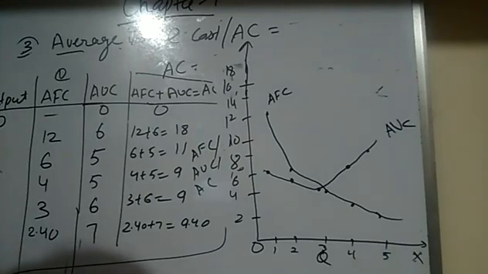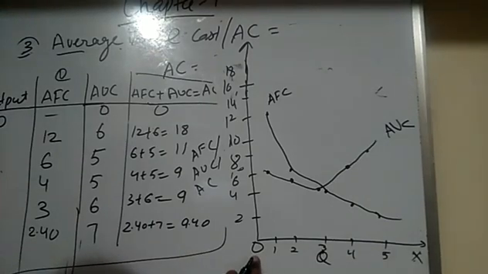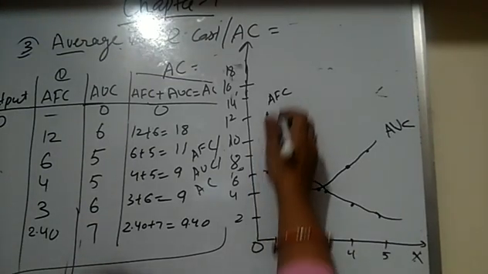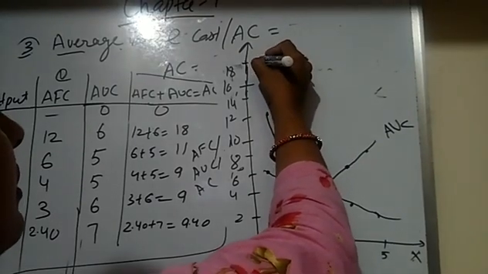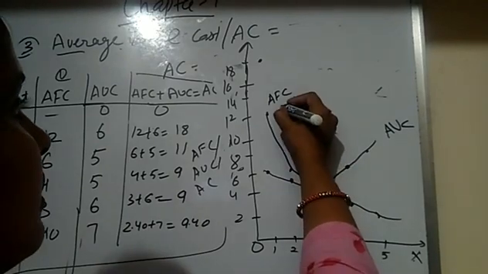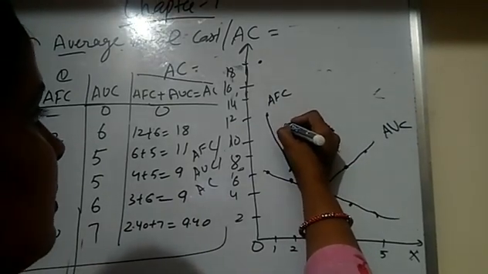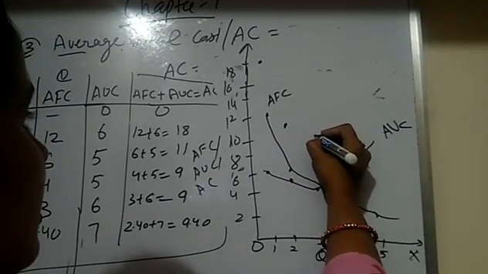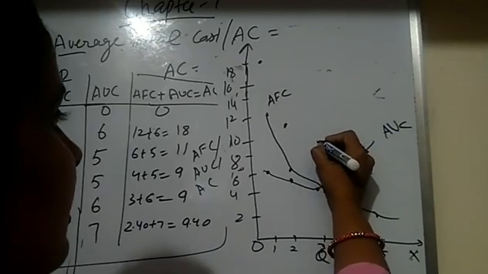Now come to the average cost, that is average total cost. When zero output, no fixed cost, no variable cost is there. When one output is there, average cost is 18. When two units are there, average cost is 11. When three units are there, it is 9.